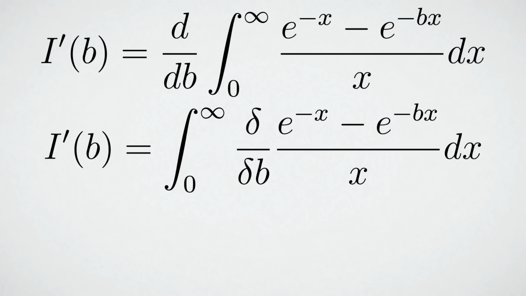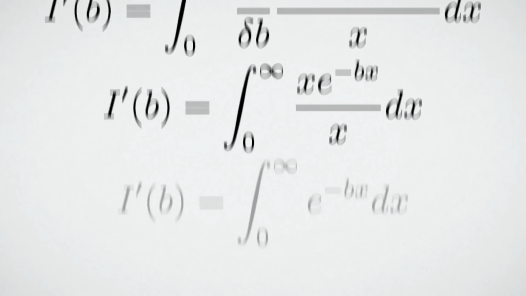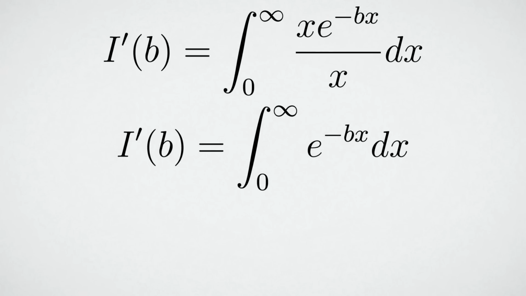Taking the derivative with respect to b of negative e to the negative bx over x gives us positive x e to the negative bx over x by using the chain rule. And these two x's cancel out. So, now we have I prime of b equals the integral from 0 to infinity of e to the negative bx dx.